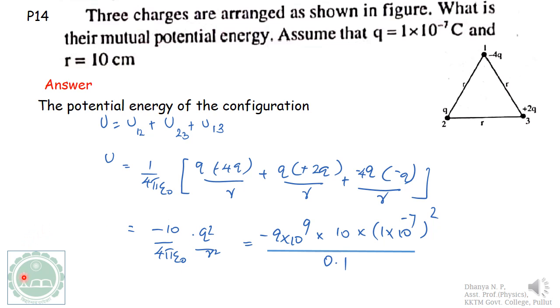R is equal to 10 centimeter. That is, 10 centimeter is equal to 0.1 meter, 0.1 square. It is 9 into 10 raised to minus 9 into 10 raised to minus 3 joule.